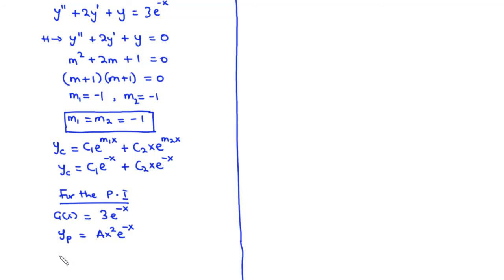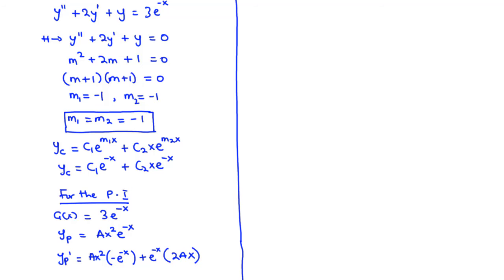So for yp prime, we are going to select ax squared, and then we differentiate e to the power negative x. We have negative e to the power negative x, plus we select e to the power negative x. We differentiate ax squared. We have 2ax.